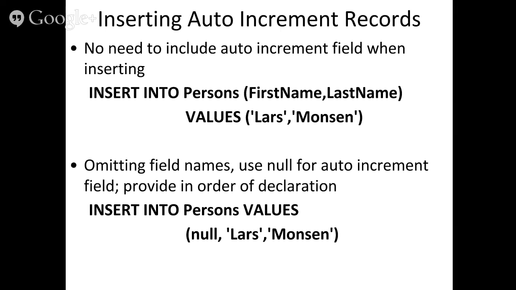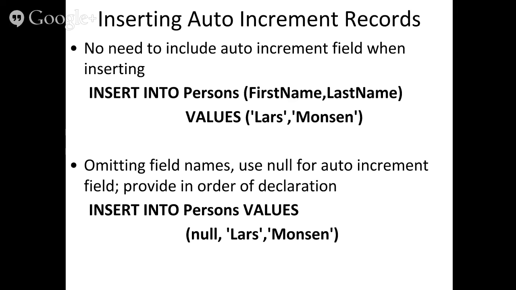So when you actually insert a record on a field that is auto incremented, what do you provide? Well, in some databases, you can insert and just omit the field altogether, and it'll say, oh, if you didn't give me a value, I'll just increment it.